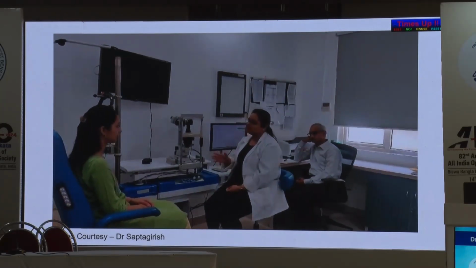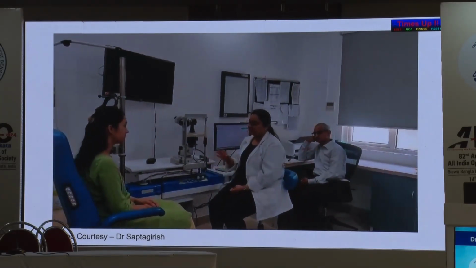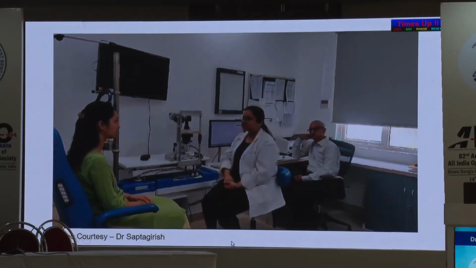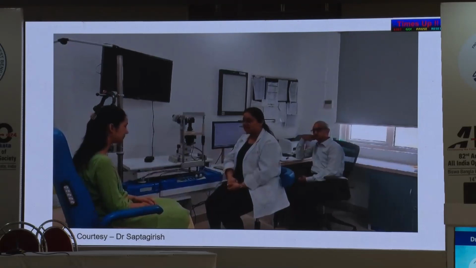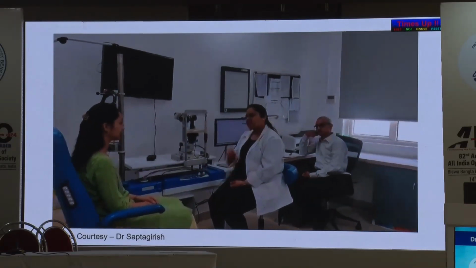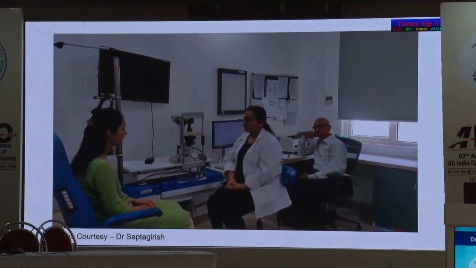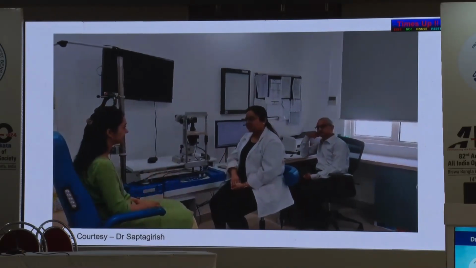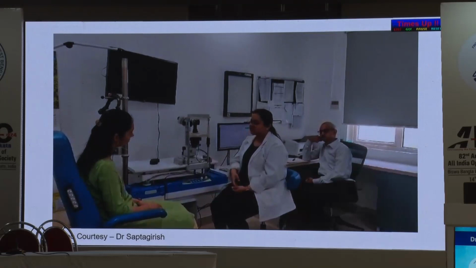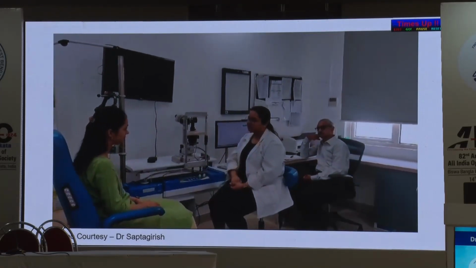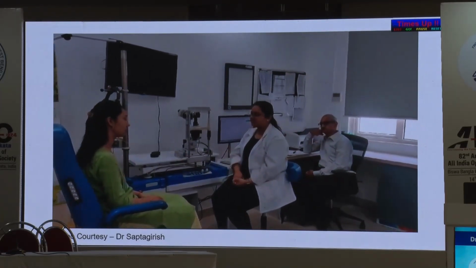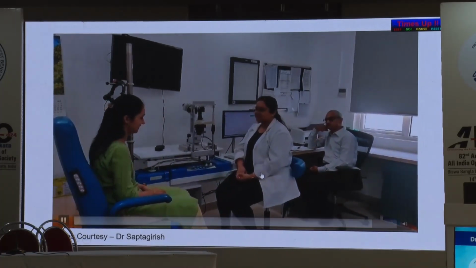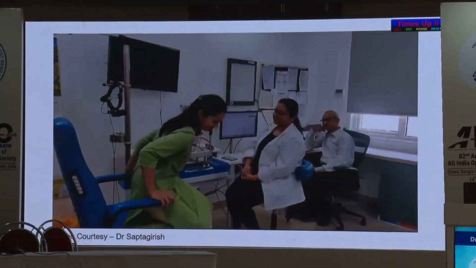So morning, afternoon, evening, night, and use it for 1 month. You can continue using it as and when you feel that your dryness is coming back, but just get a new bottle every month. And what should be the gap between 2 drops? Keep a gap of 5 minutes between 2 drops. Okay? Yes. You can wait outside, I'll just give you a prescription. Thank you so much. No problem.